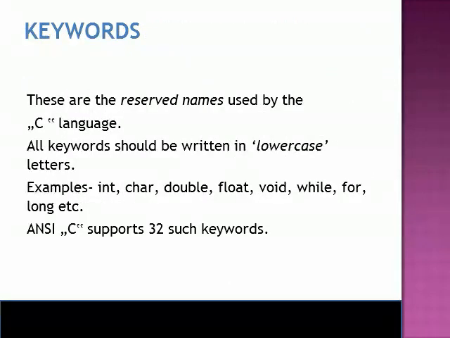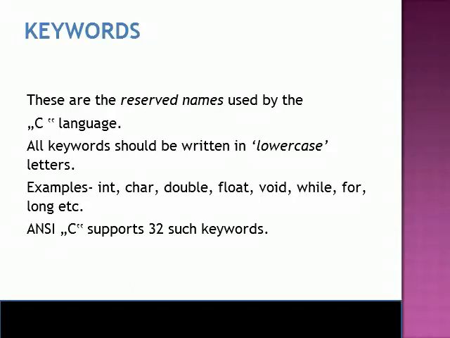Keywords. A keyword is a specific word with a special meaning to the compiler. For example, a software that is used to convert a program written in C to machine code is the use of a compiler.